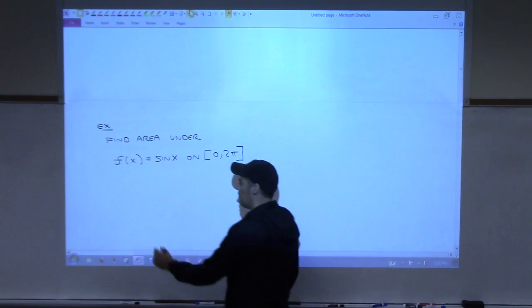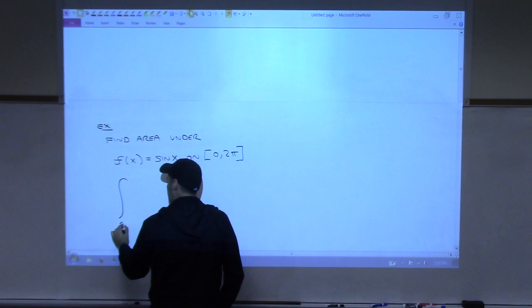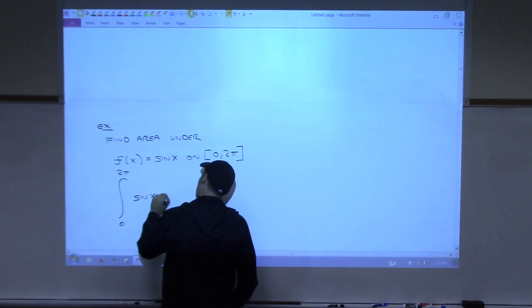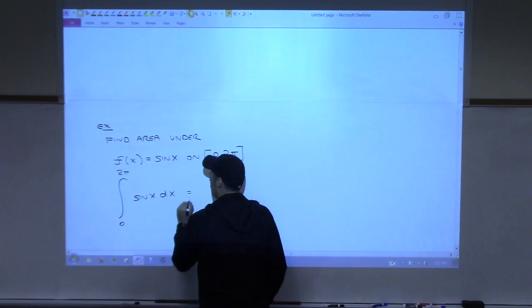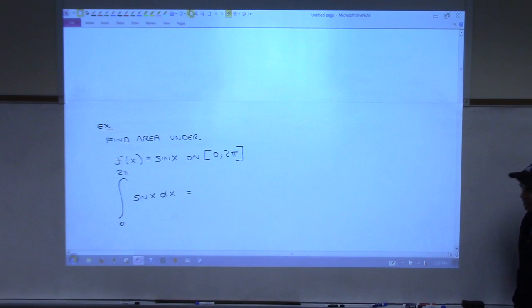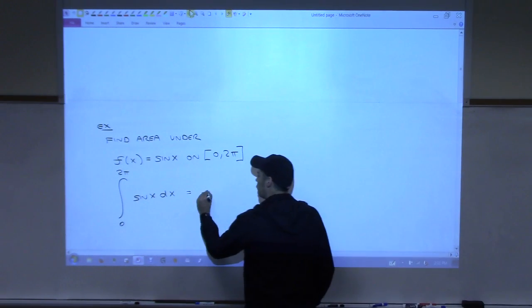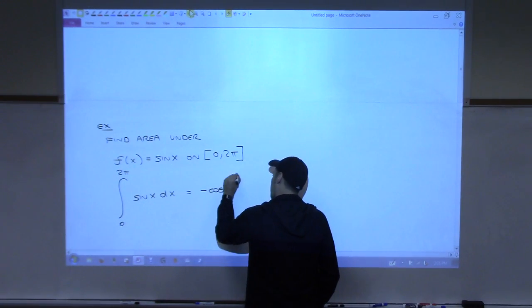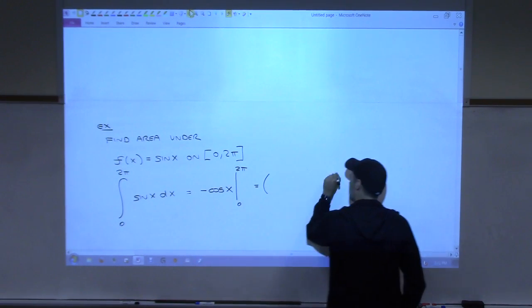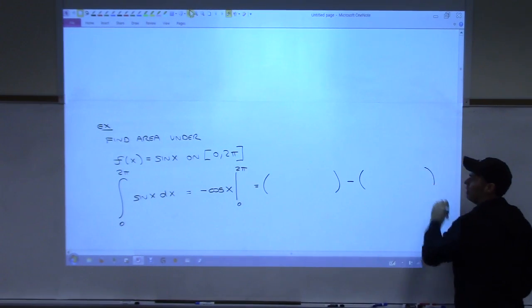So when I set this up, integral 0, 2 pi here, sine x here, dx. What's the antiderivative of sine? Be careful. Negative cosine, good. Negative cosine x. A bar here, 0 to 2 pi, equals two things subtracted.